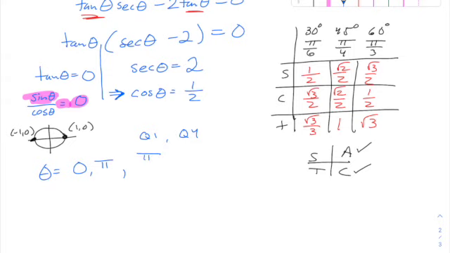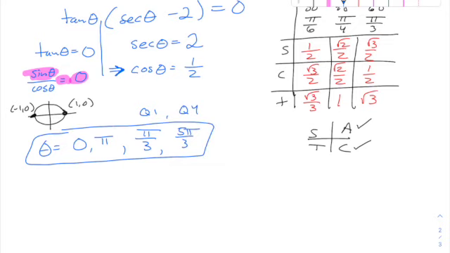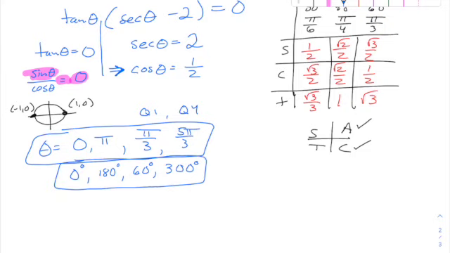Quadrant 1 is pi over 3. Quadrant 4 is 5 pi over 3, double the denominator minus 1, or 2 pi minus that pi over 3. There's our radian solutions, and in degrees, that's 0 degrees, 180 degrees, 60 degrees, and again, 300 degrees. As we saw in problem 1 also.